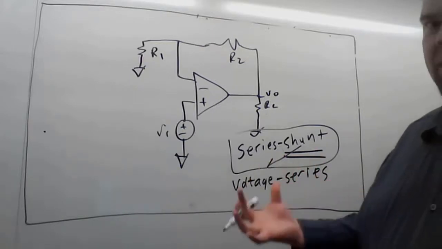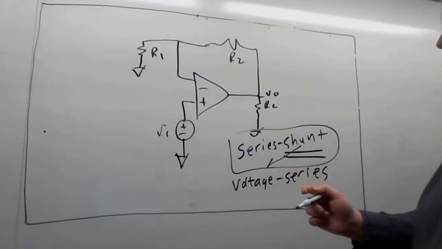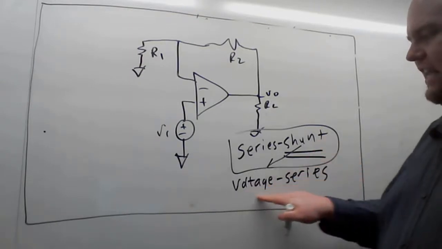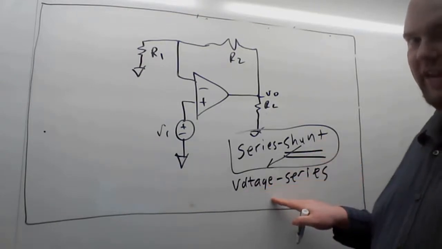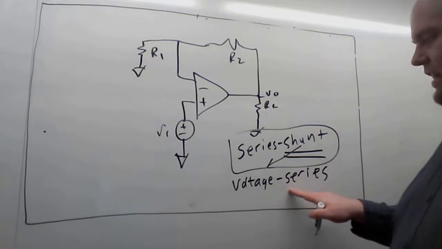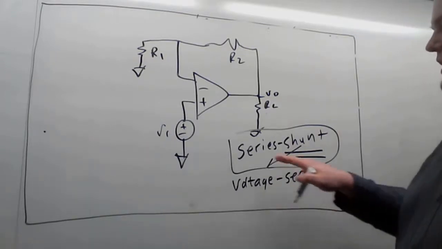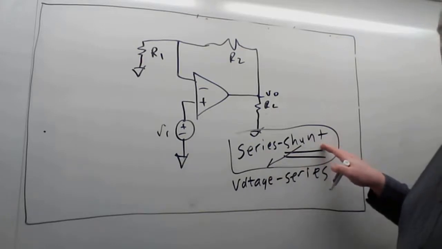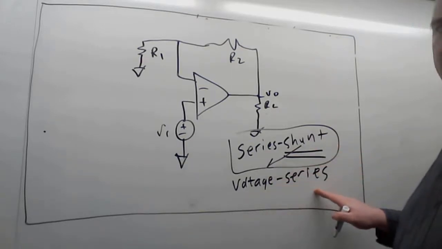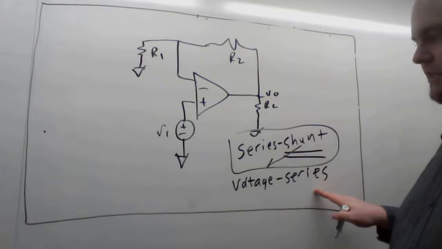So some ways of describing this type of circuit are going to, first of all, say whether or not you're sampling a voltage or a current at the output, and then they will talk about how the input is configured at the amplifier circuit. So a series shunt configuration in our book is sometimes called a voltage series in other textbooks, in other sources of information.